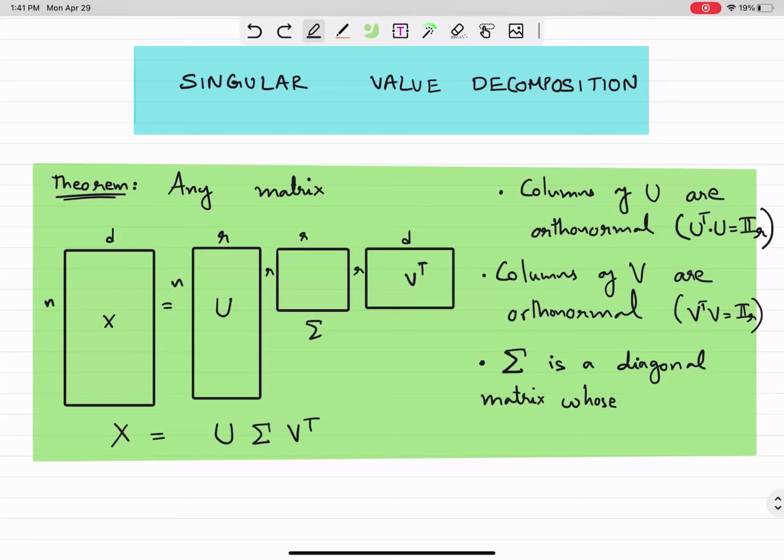It's a diagonal matrix, and the diagonal entries are non-negative. Meaning on the off diagonal entries, I have zeros, and these are all greater than or equal to 0.